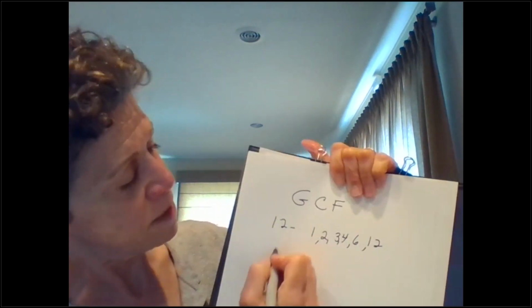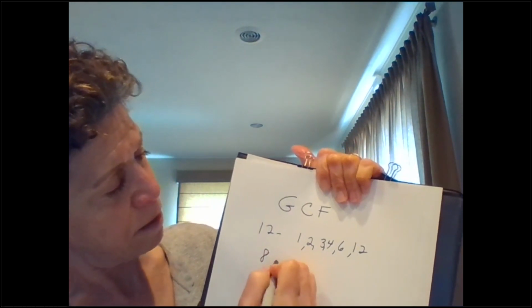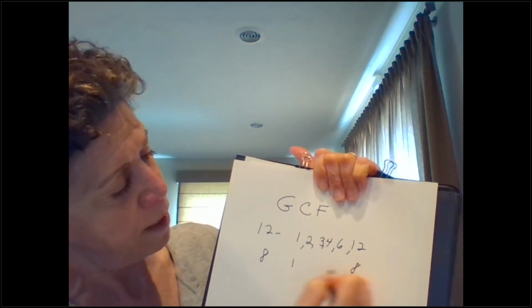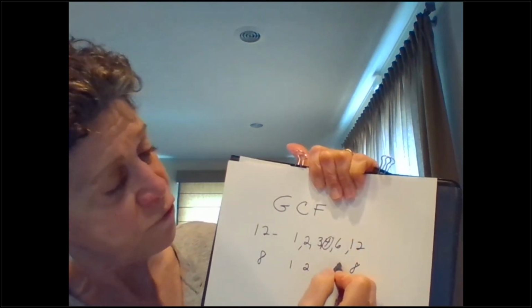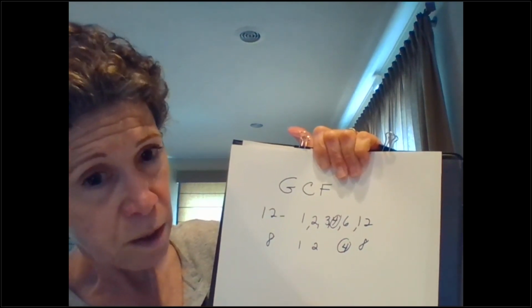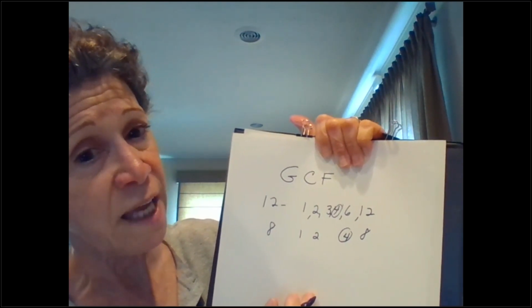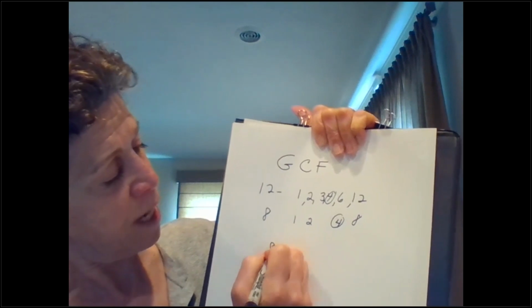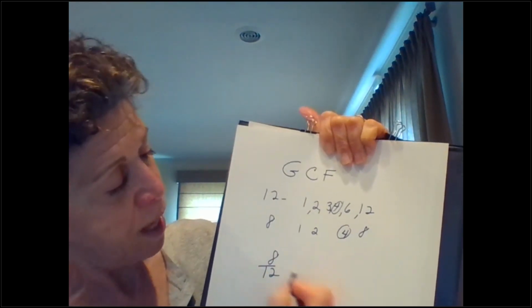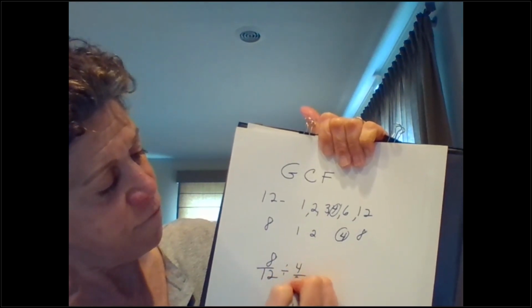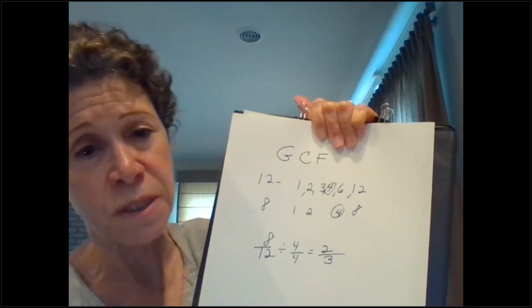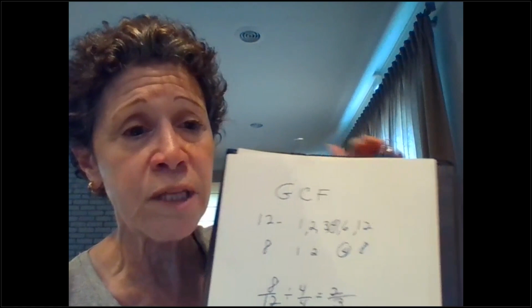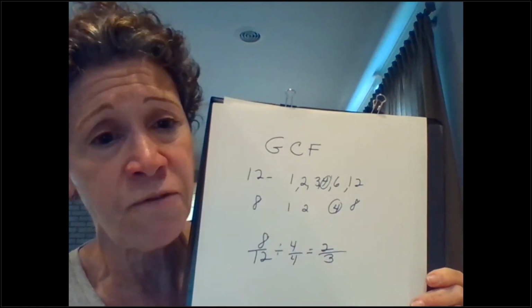Say it was 8 and 12. The factors of 8 are 1 and 8, and 2 and 4, and the greatest common factor is 4. So if I had the fraction 8/12, I know I can divide by 4 to reduce it. That's where least common multiple and greatest common factor come in.